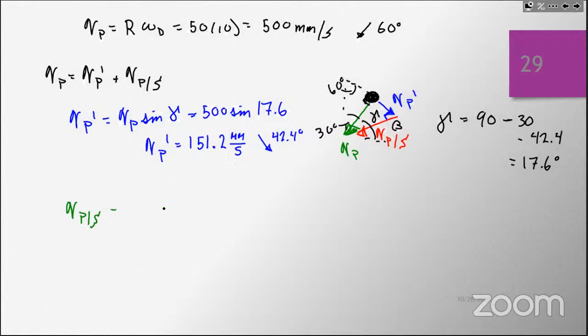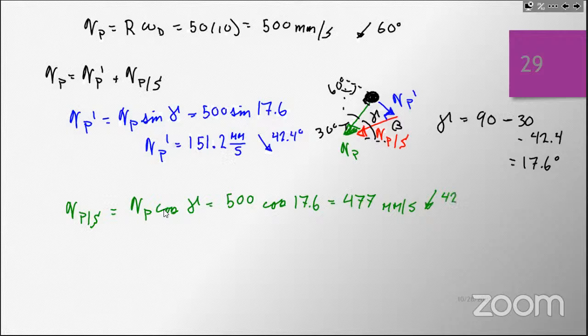VP with respect to S then has to be VP cosine of gamma, which is 500 cosine 17.6, which is 477 millimeters per second at 42.4 degrees. I'll draw the other one.